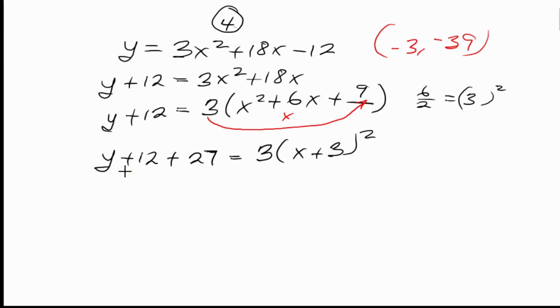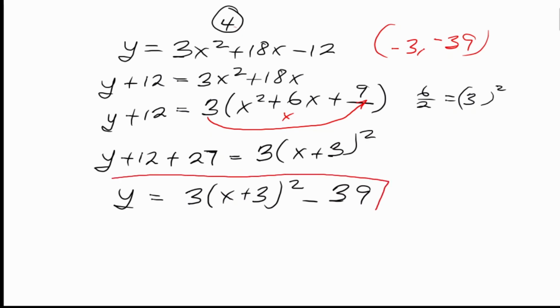Then we put these two together and move it to the right side, and that gives us y equals 3 multiplying x plus 3 all squared. 12 plus 27 is 39. Move to the right side becomes negative 39, and this is our equation expressed in the vertex form.